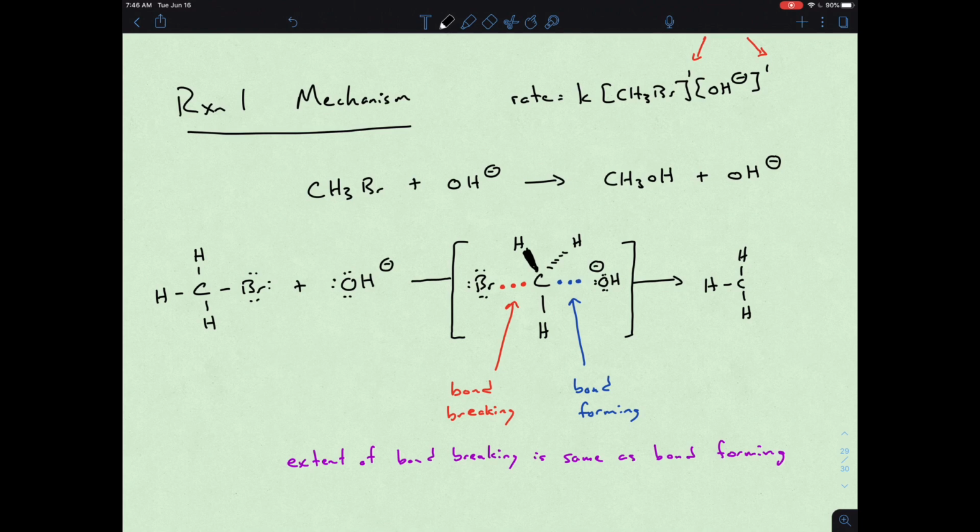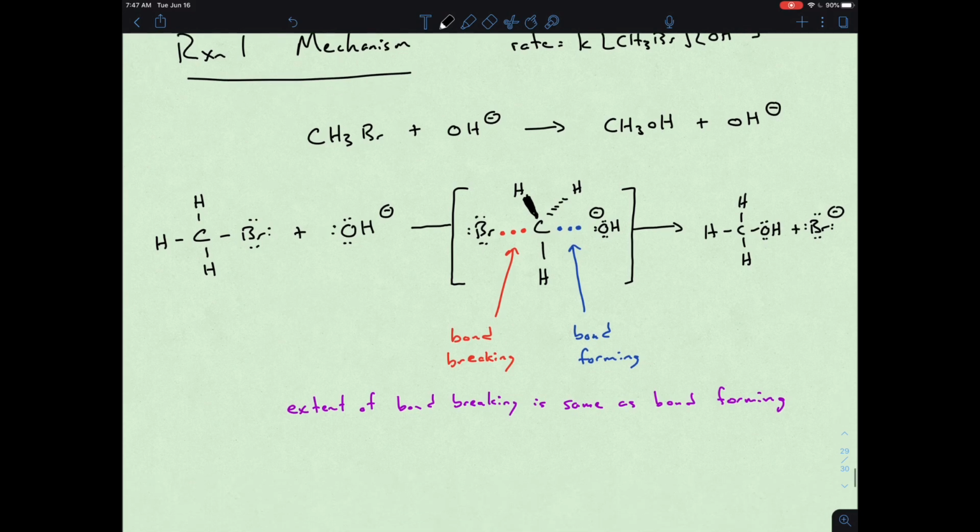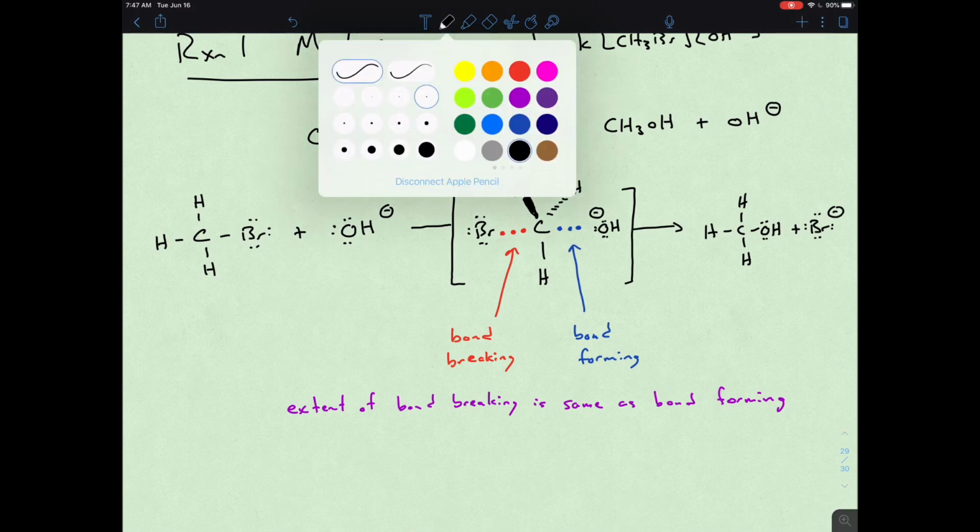We just swap the OH for the Br. And that produces the reaction mechanism, meaning that this is the only step. So it's the slow step.